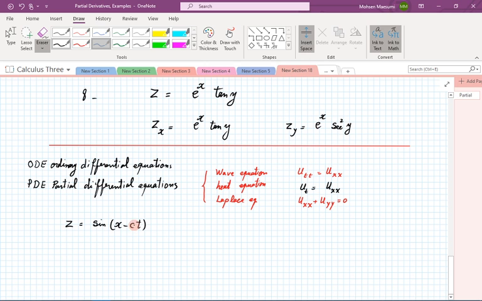Okay, so c is some constant, and you're asked to show that this function satisfies the second partial of z with respect to t is equal to c squared times the second partial of z with respect to x.